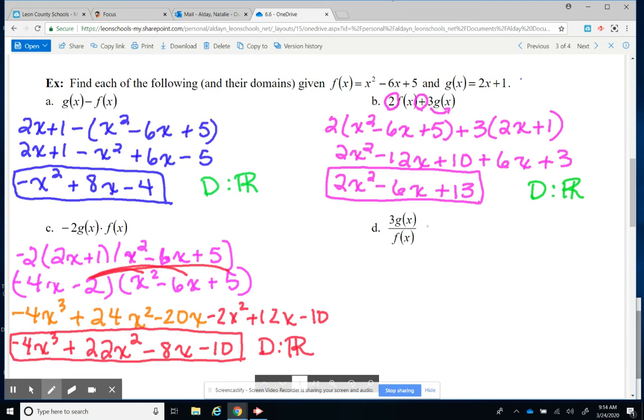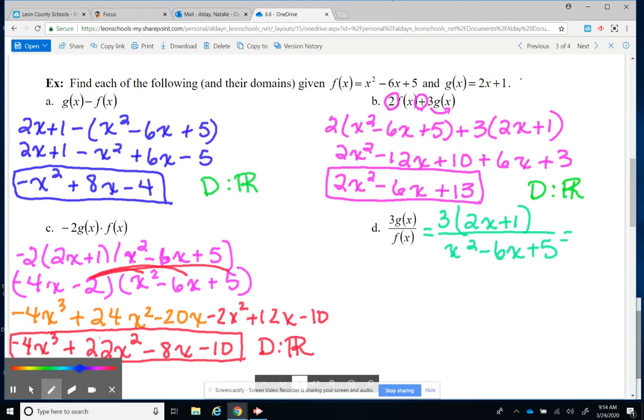All right, so we're going to do 3 times g of x, and g of x is 2x plus 1, over f of x, which is x squared minus 6x plus 5. Anytime you're dividing, you're going to want to always, always, always factor.